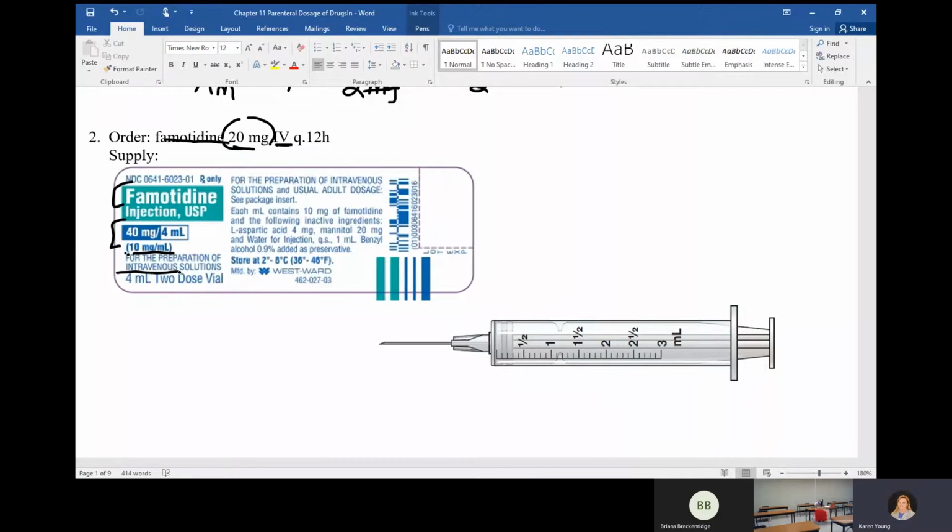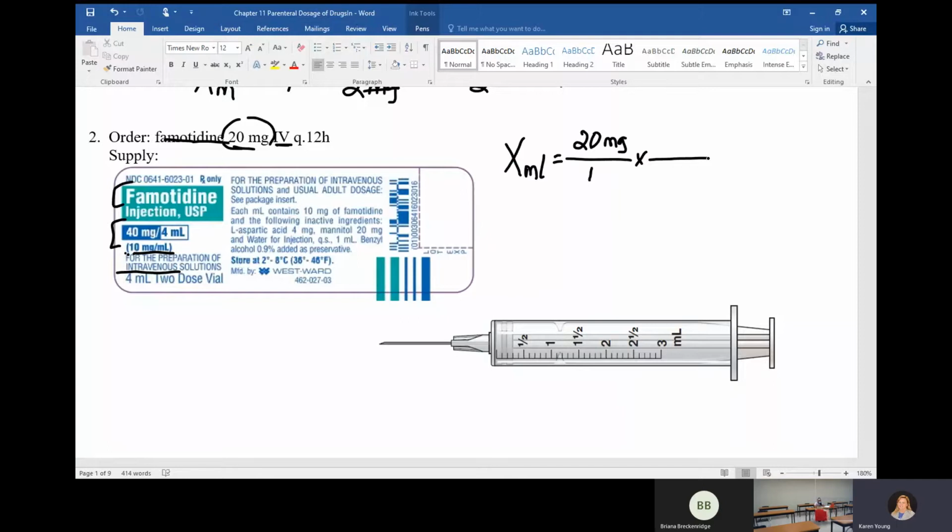So I'm going to set it up. X milliliters. My doctor's orders, which is 20 milligrams. Now, this is where we have to decide. Do we want to use the 40 milligrams per 4 milliliters or the 10 milligrams per milliliter?